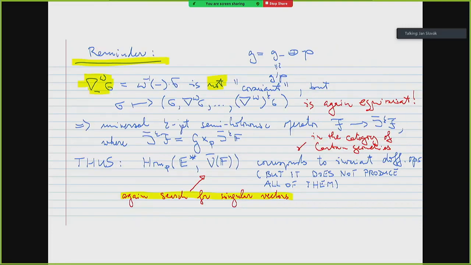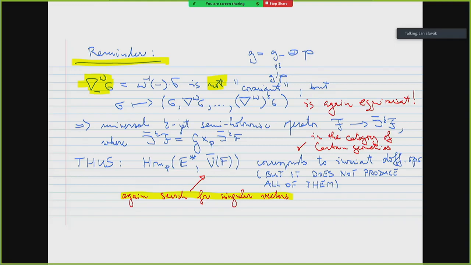And right, so just a reminder, I was showing that we get this universal differential operator, and we can get again the Frobenius reciprocity, which we discussed the last time.